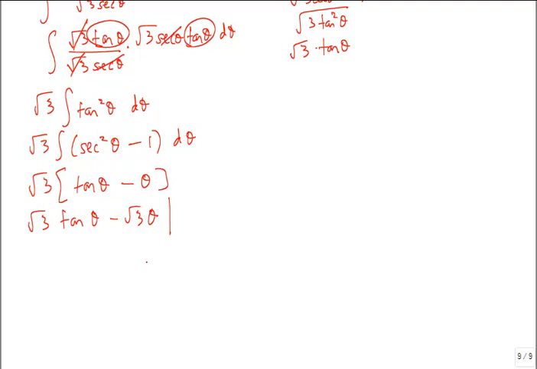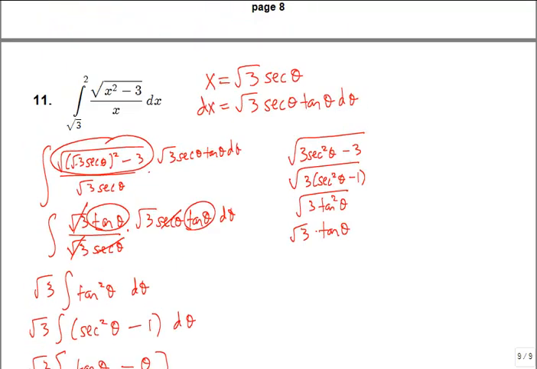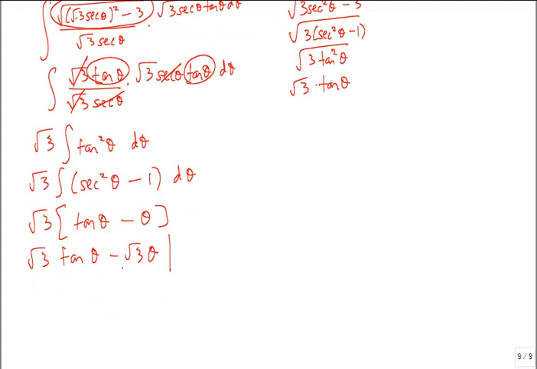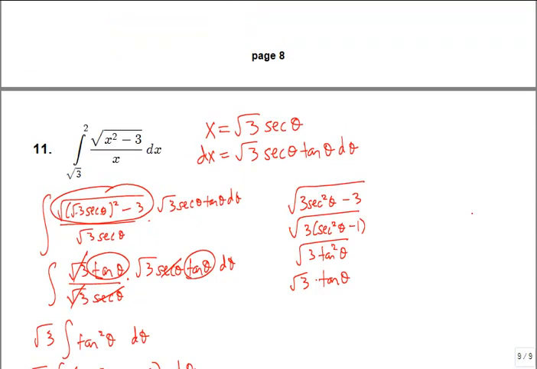Now you have two options when you do substitutions. You can either take this answer and substitute back in terms of x by drawing your little triangle here and then use these x bounds. That's perfectly fine.